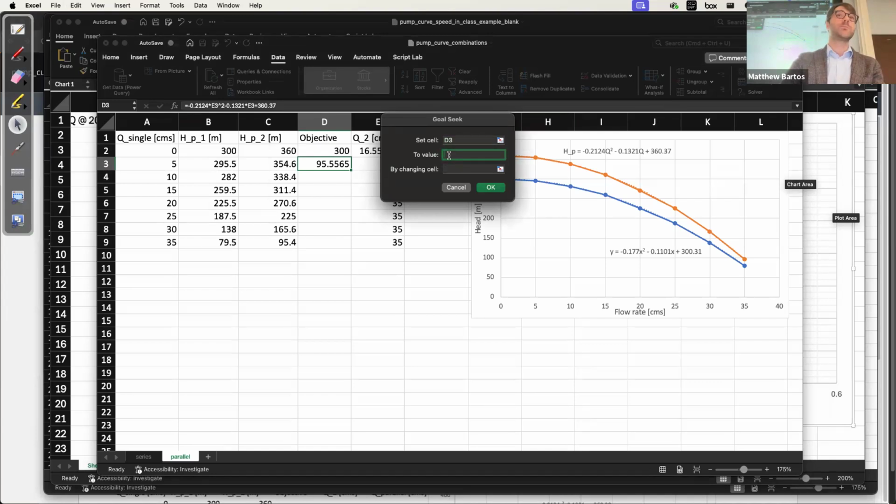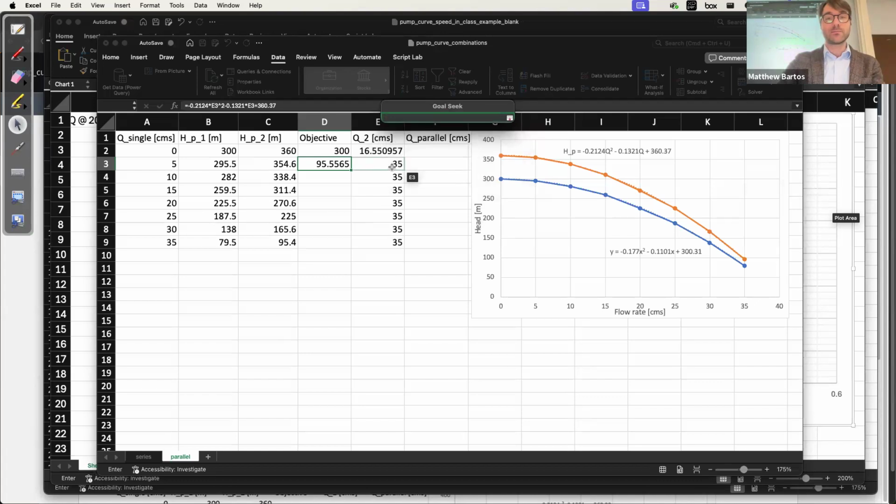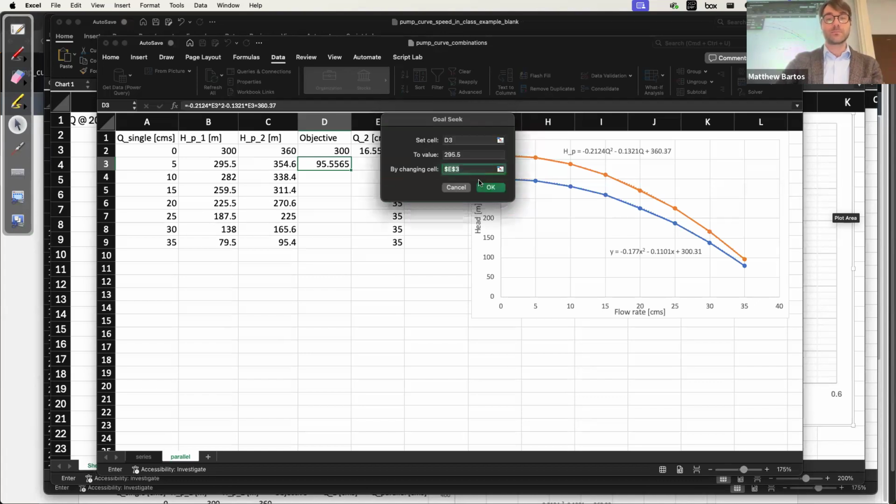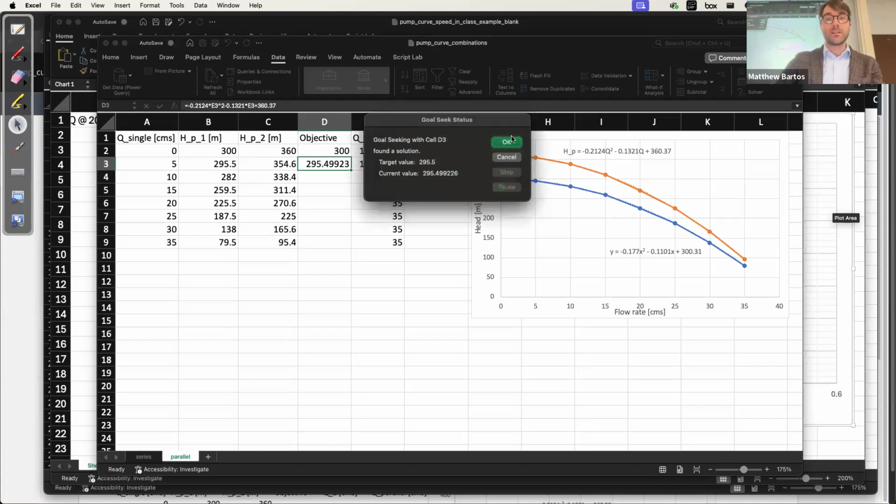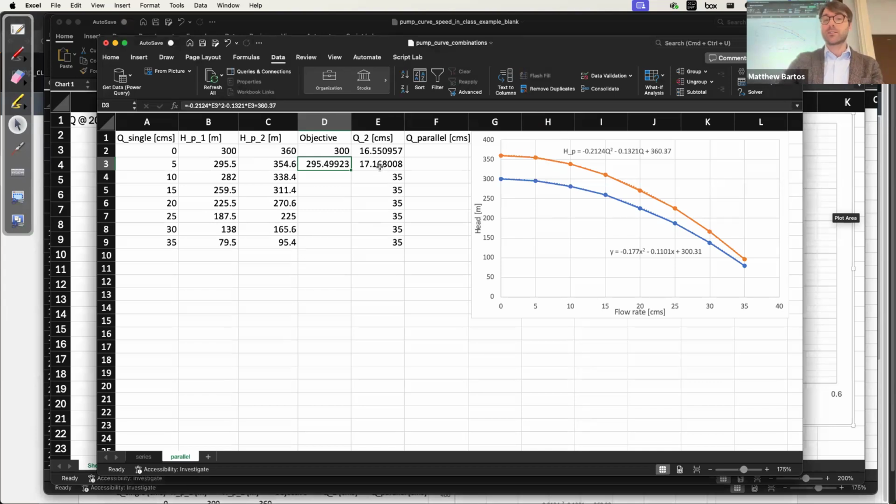What pump head are we trying to make this polynomial evaluate to? Sorry? B3, which is 295.5 by changing cell E3. Okay, and we get a discharge of about 17.17. So I'm going to go ahead and do this for each one here.